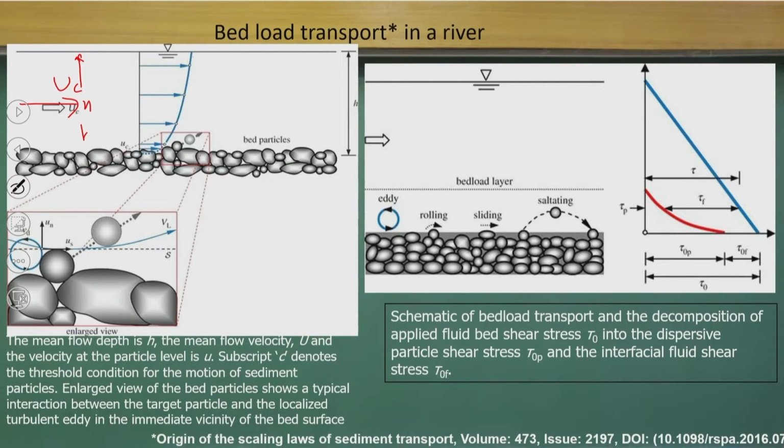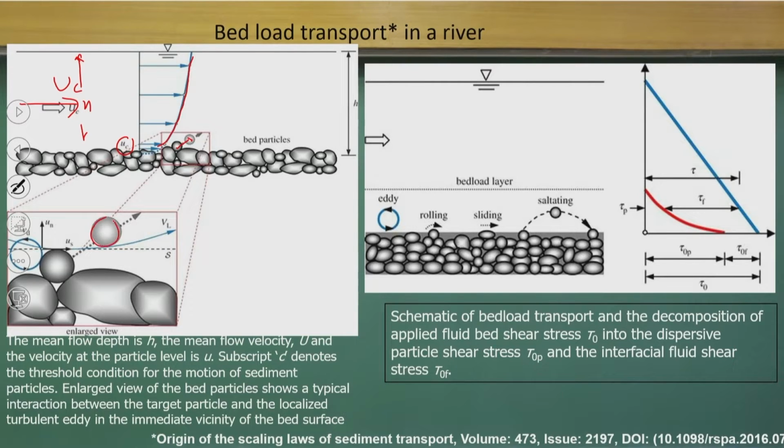This is the logarithmic velocity distribution for a turbulent flow. U_c stands for the velocity near the bed particles that will be detached from the bed.